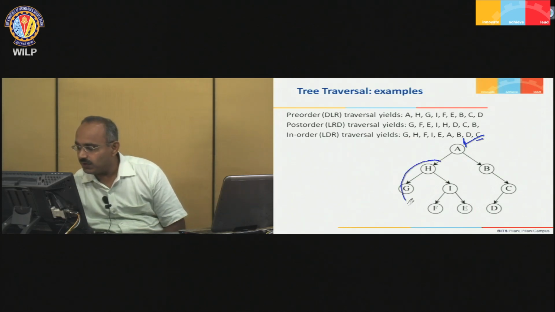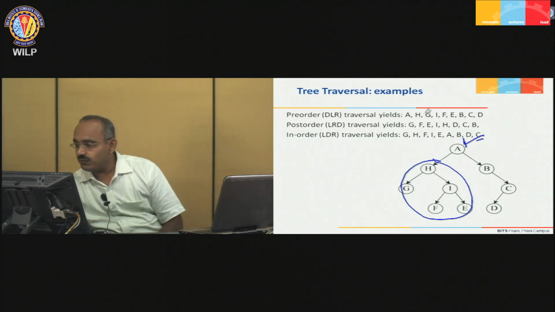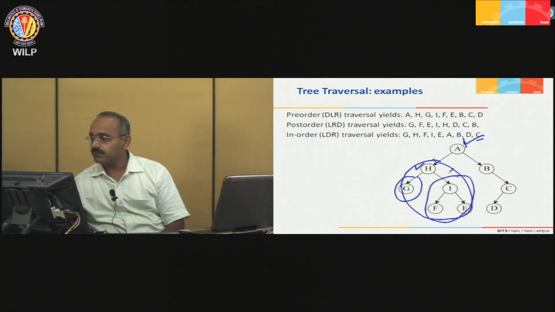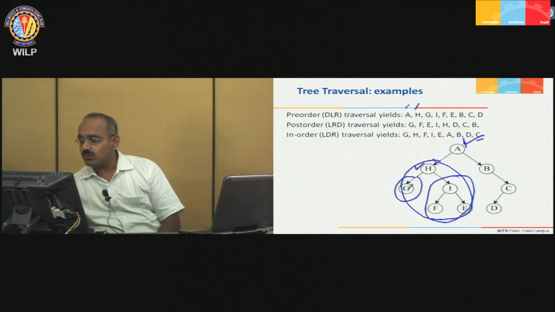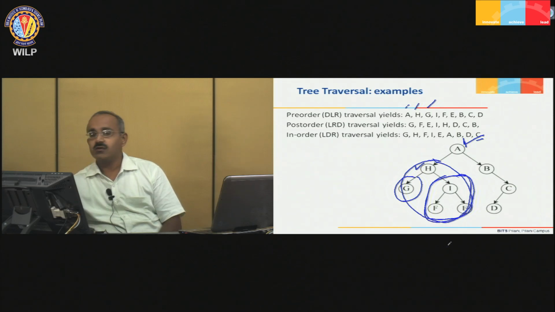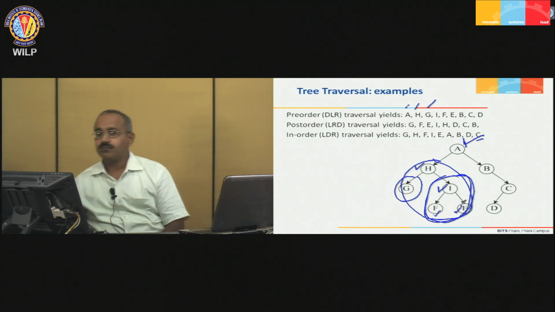That would mean first I traverse the root of this, and then traverse its left in pre-order, and then its right in pre-order. So, you have already looked at A and H. Now, this in pre-order there is only one, so you are going to write G, and then you are going to traverse the right part in pre-order. In this you are going to first traverse I, then F, and then E.